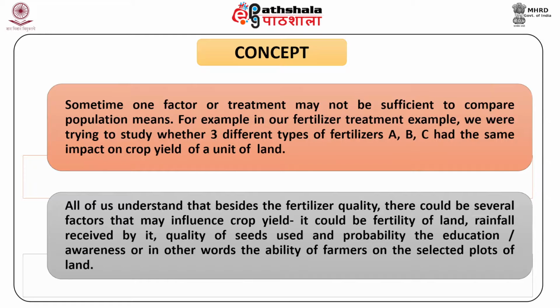It could be fertility of land, rainfall received by it, quality of seeds used, and the education awareness, or in other words, the ability of farmers on the selected plots of land. If we have to study two factors at a time, then we need to develop a two-way ANOVA table.